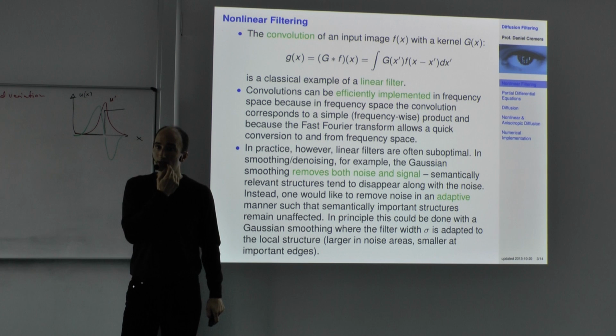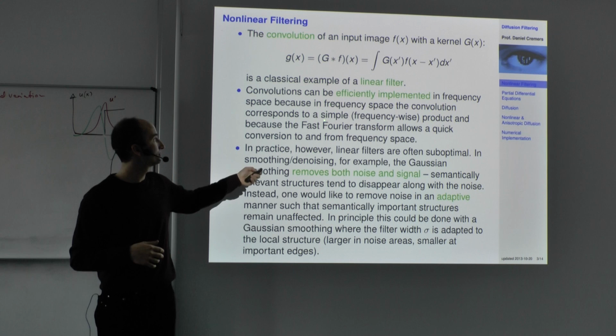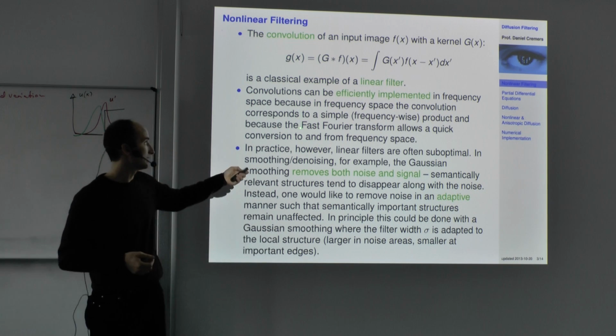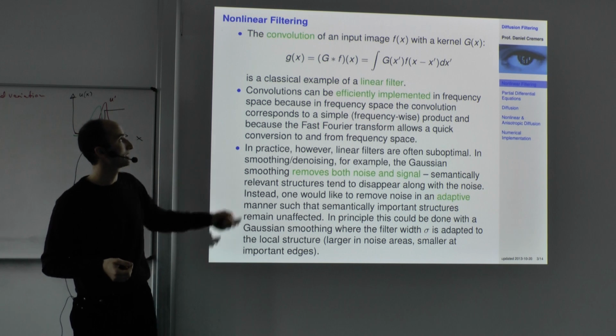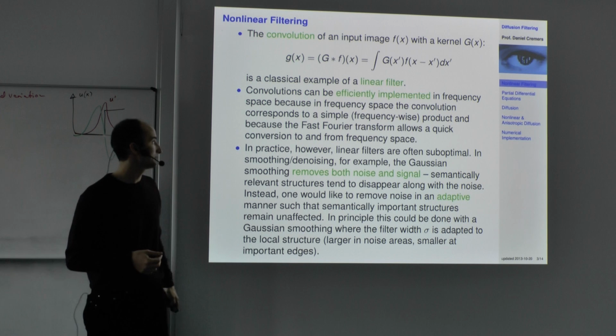That in itself doesn't really make it faster. What makes it faster is that there are fast Fourier transforms that can be implemented efficiently, and in fact the fast Fourier transform goes all the way back to Gauss himself, who suggested that.